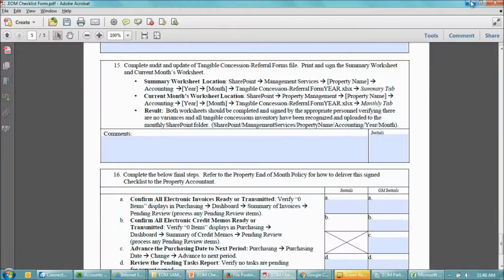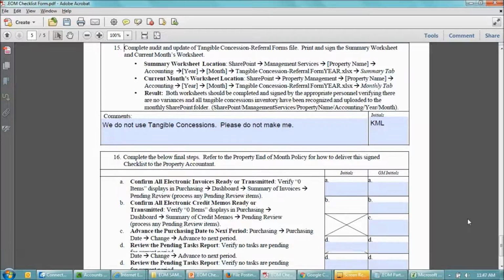What I always tell people is that the summary form is verifying the year-to-date information is accurate in inventory, and the monthly form, for the specific month, is verifying that everything you entered happened in one site, and you confirm that all those transaction reports you ran match, et cetera.